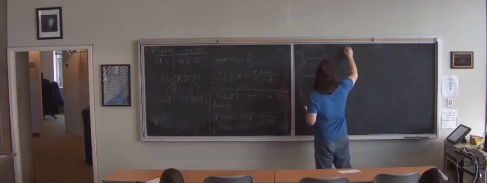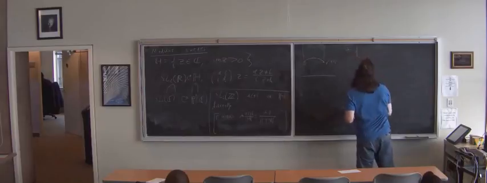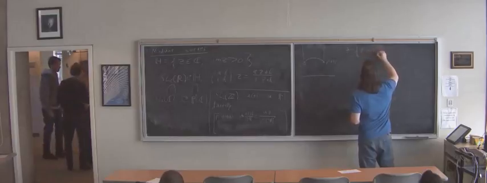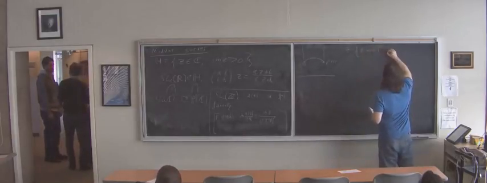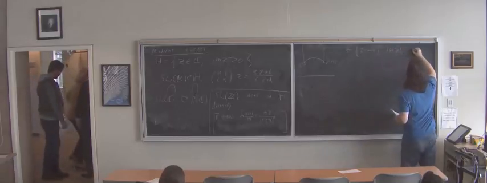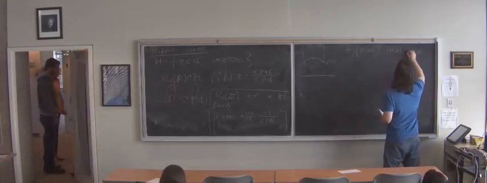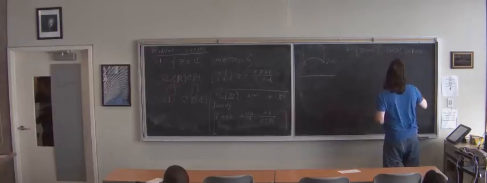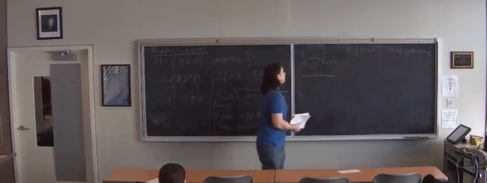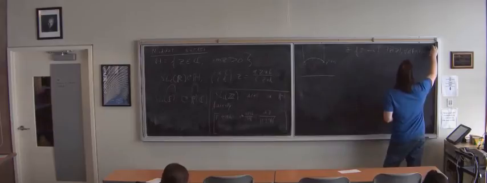So call this F. So F is the set of points z equals x plus iy, where the absolute value of z is at least 1, and the real part of z is between, let's say, strictly minus a half and a half.